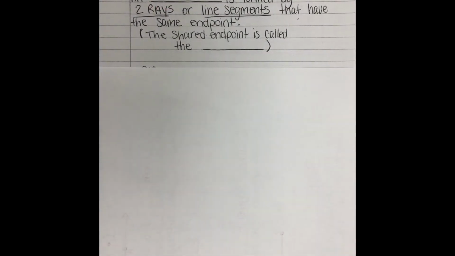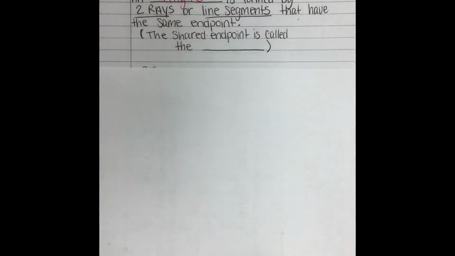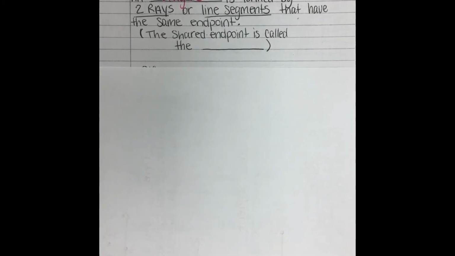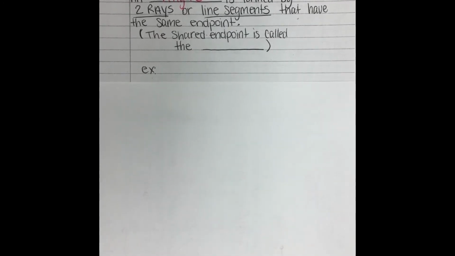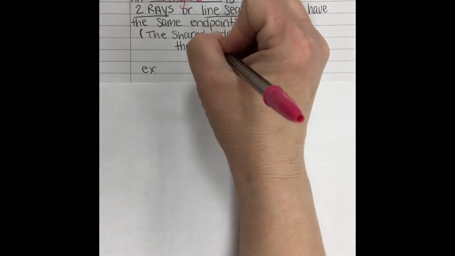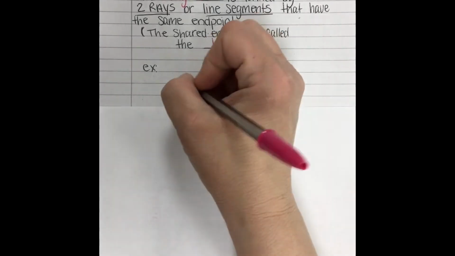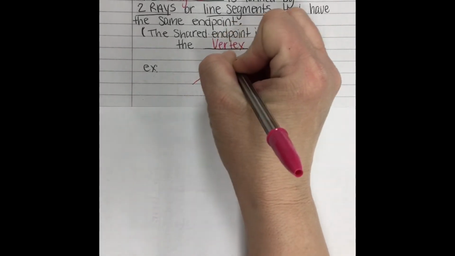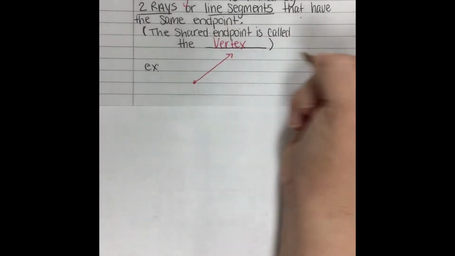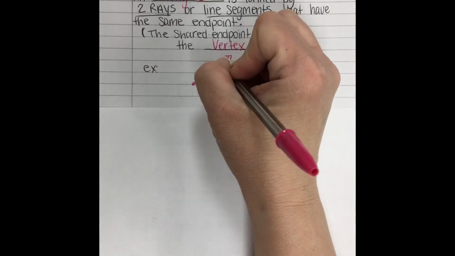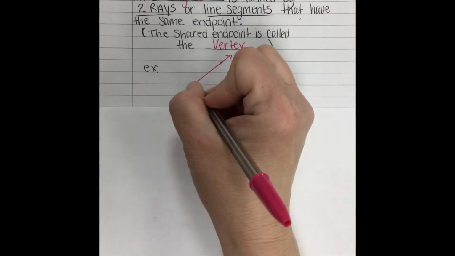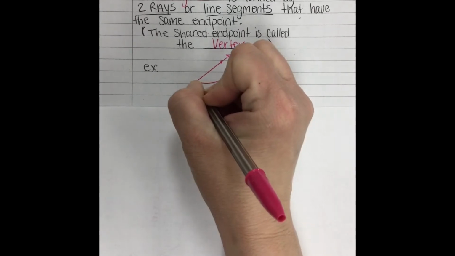Okay, an angle is formed by 2 rays or line segments that have the same endpoint. Okay, the shared endpoint is called the vertex. All right, so here's a ray, and here's another ray. Oops, it's supposed to be a straight line.